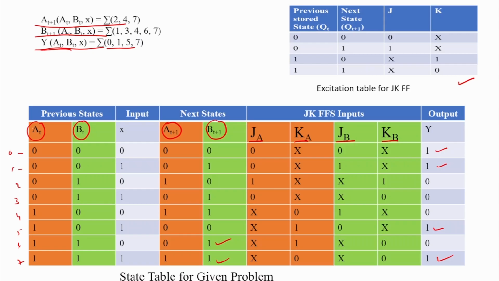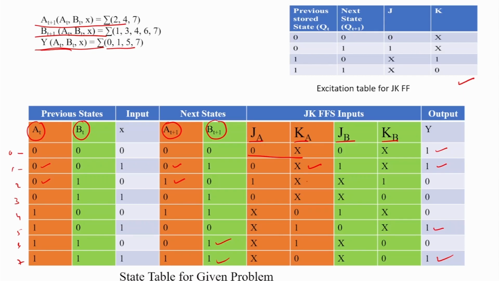First we find the value of J A K A. Here A t is 0 and A t plus 1 is 0, so both 0 0 is written as 0 x. Similarly, the second one is 0 and A t plus 1 is 0, again written as 0 x. Similarly, 0 and 1, that is 0 1, gives 1 x.